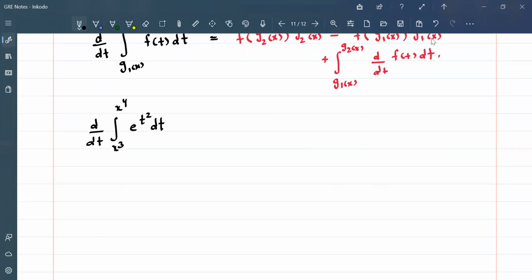So students, we will simply use this formula. We get e raised to power t square, where the upper limit is x raised to power 4, so we put x raised to power 4 and then square, times the derivative of the upper limit, which is 4x cube, minus e raised to power the lower limit x cube, whole square.